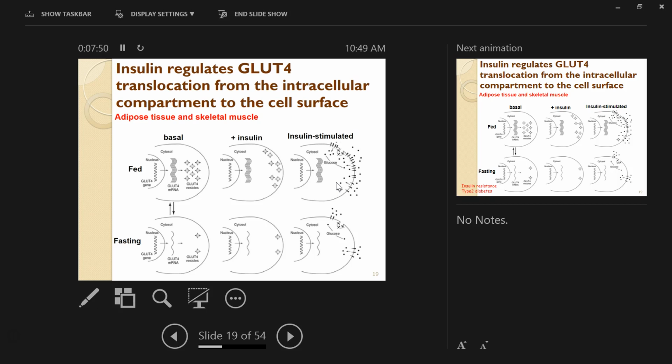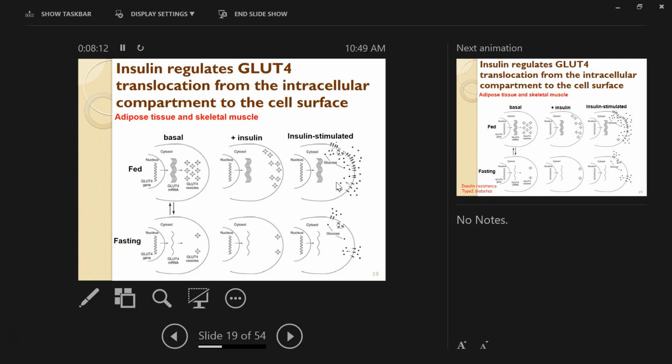Once GLUT4 is present on the cell surface, it is able to transport glucose. These small dots represent the glucose molecules, transported from the circulation, outside the cell, into the cells.